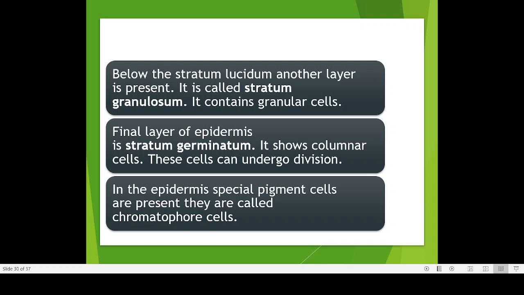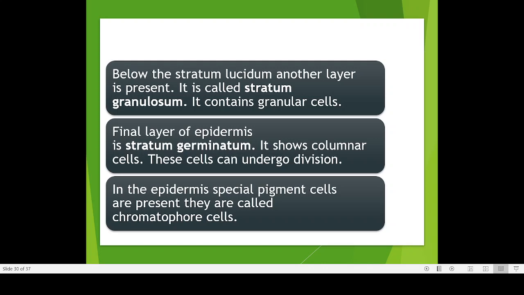The feature of this stratum germinatum is that it is this layer which is growing. New cells are being formed at the stratum germinatum, and these new cells will be gradually becoming first stratum granulosum, then stratum lucidum, then finally stratum corneum.